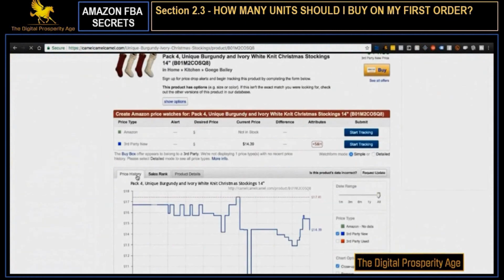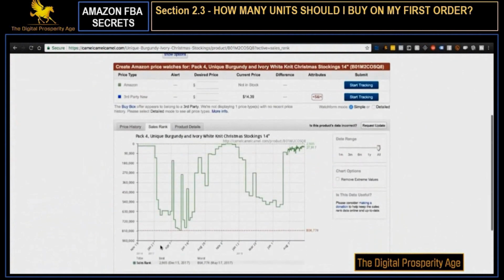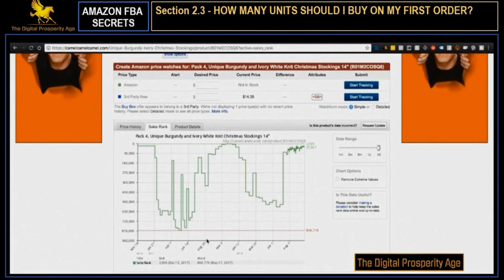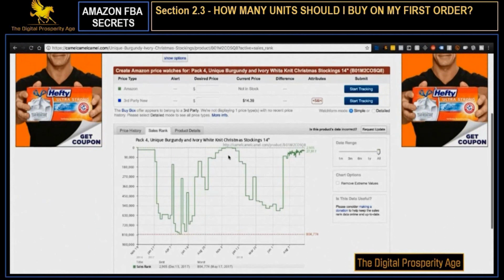And what I would expect to see is really high rankings right around Christmas. So you see that in June, they drop all the way down to 810,000 in the bestseller ranking. But then right when it gets to November and December, it jumps all the way up to being literally almost at number one. Meaning these are selling absolutely crazy, obviously right around Q4 and Christmas time.